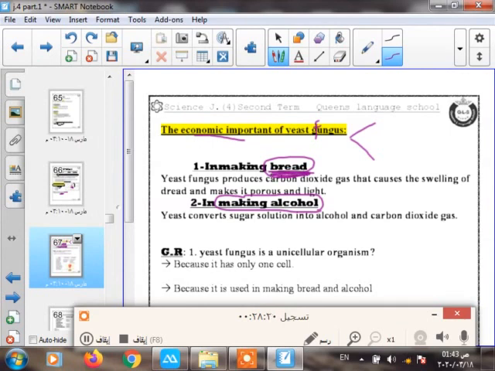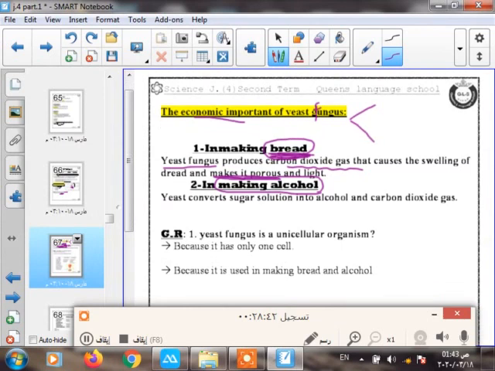What is the function of yeast fungus? What does it produce to make this bread? It produces carbon dioxide gas, which causes swelling and makes pores, making the bread porous and tasty. And in making alcohol, it converts the sugar solution into alcohol and carbon dioxide gas.